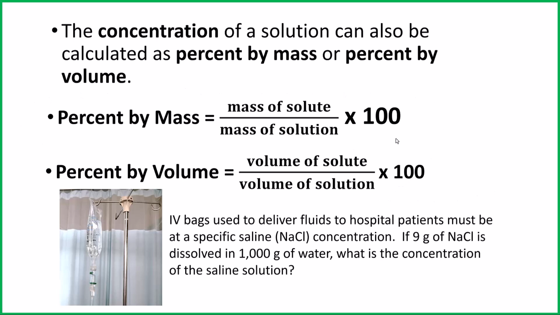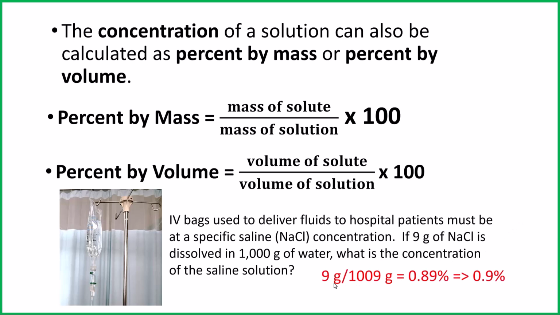Let's use our percent by mass formula. And we know that 9 grams is our mass of solute. 1,000 grams of water is our mass of solvent. And so we're going to add those together to get our mass of solution. In reality, sometimes that's a lower mass than it can be calculated to be, but for our purposes, we're going to use the ideal solution here, that 1,000 grams of water plus 9 grams of salt gives us our total solution mass.